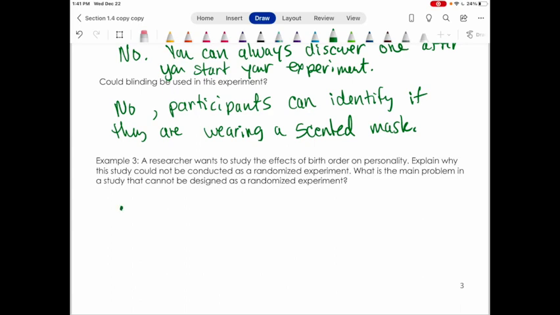So that's one issue. You can't say, Sally's going to be born first and then Johnny, and then do it again and say, well, Johnny's going to be born first this time, and switch the order. That's impossible. You can't do that.